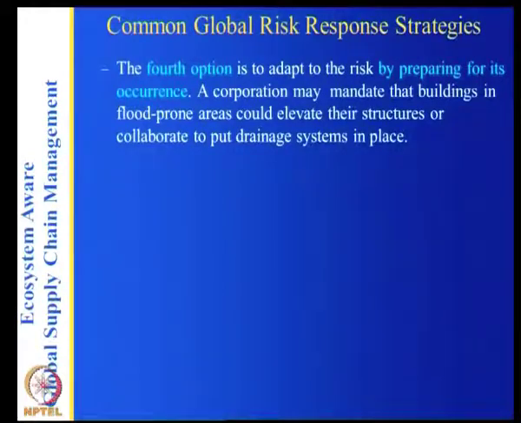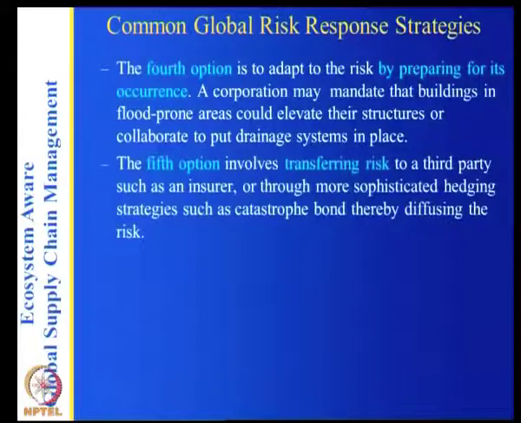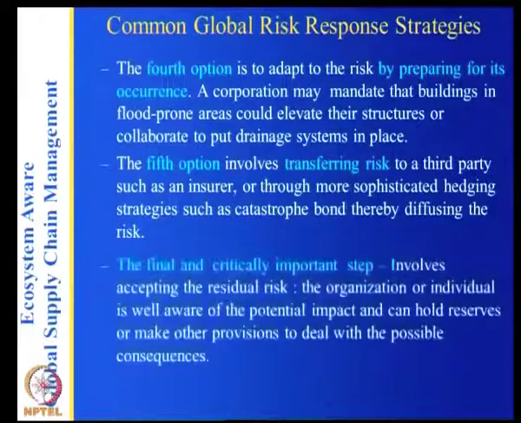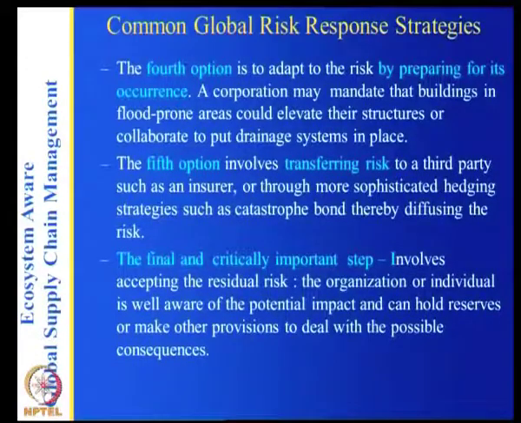This is like mandating that buildings in flood-prone areas elevate their structures and so on. So you know that you are preparing for the risk occurrence. The fifth option is transfer of risk by insuring with a third party. And the final and critical option involves accepting the residual risk.